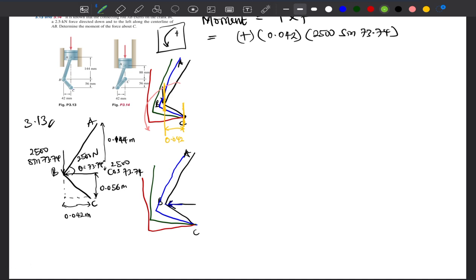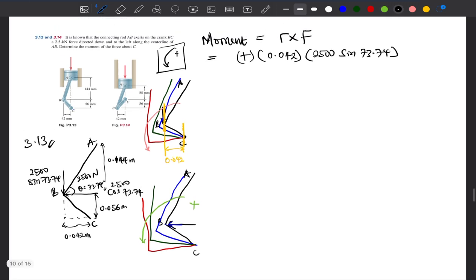So as you can see also, it is moving in an anti-clockwise direction, which means our symbol is going to be positive. So we are going to write plus, then we have to look for our perpendicular distance. So same way, you can see here, we draw a parallel for this force acting here, and we draw a similar parallel at C. Then we look at the distance between them.